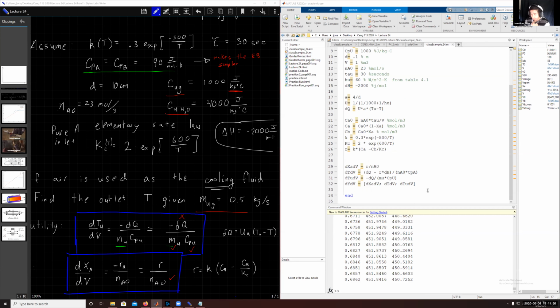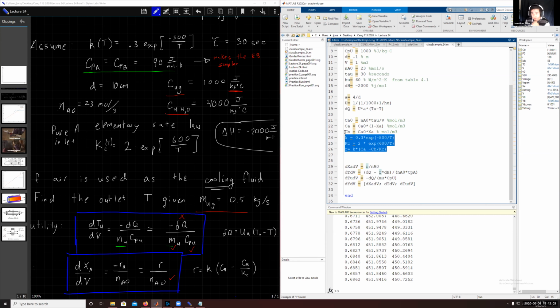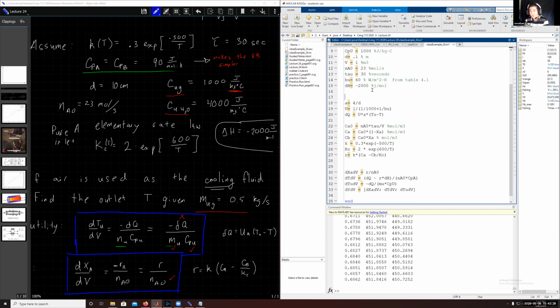And then we need CPA. Do we need CPA? Yeah, well, we'll define CPA right now. It hasn't appeared in the two balances I've done, the material balance and the energy balance for the utility. I don't think CPA has appeared yet, but I might be wrong. In any case, here we define DH and then NA naught is already defined. And like you said, we need to define CPA.